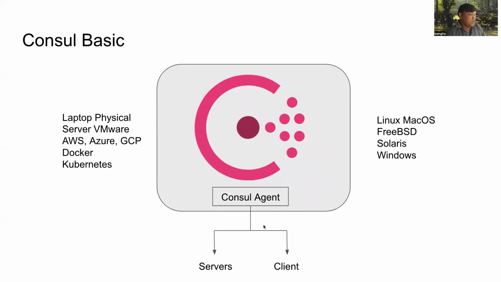Actually, Consul also has dev mode, but I did not put it in the slide. We can use dev mode just for testing purposes on our laptop. Okay, let me go to the next slide.